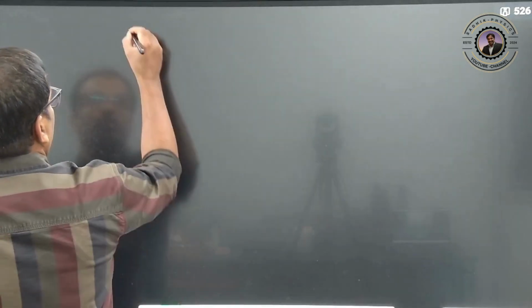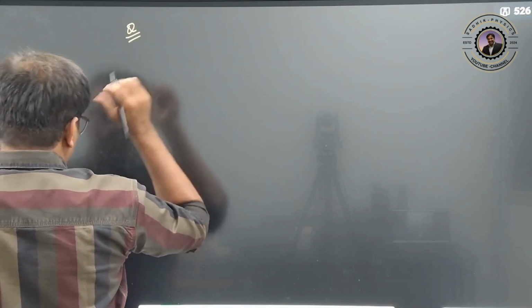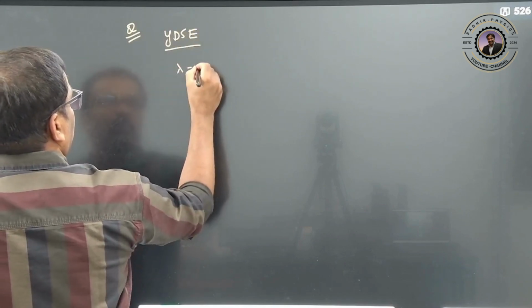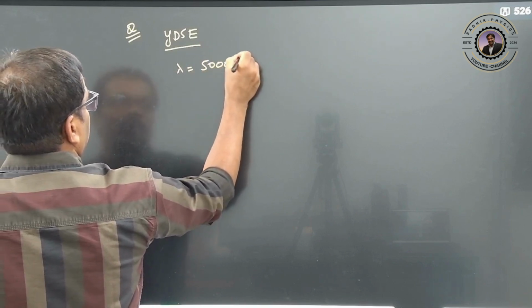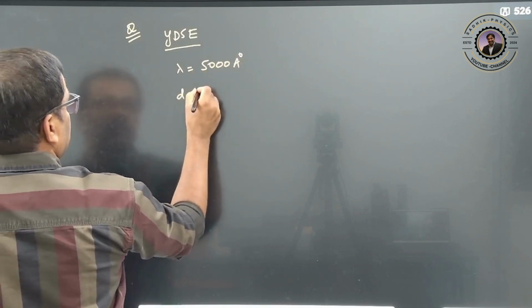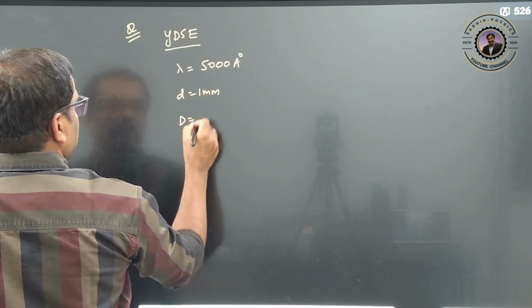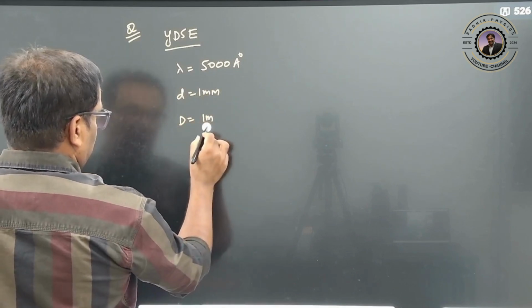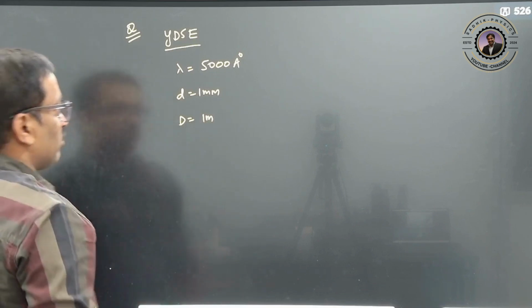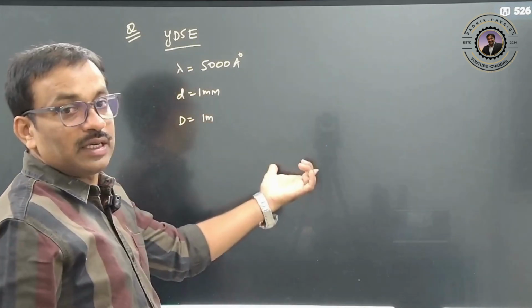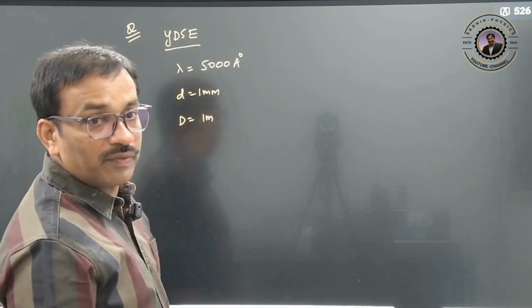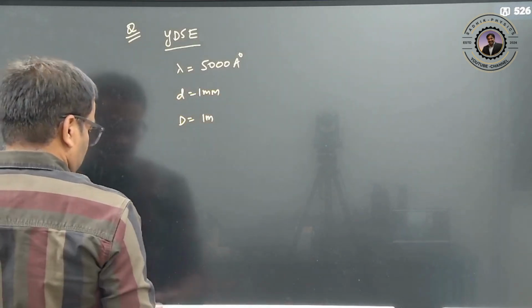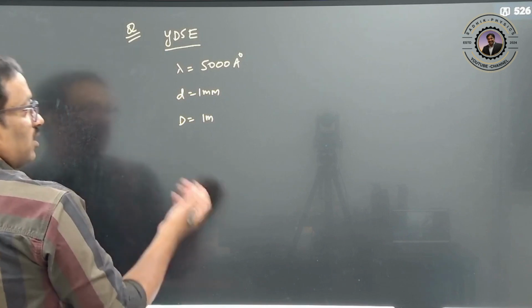In YDSE we are using a wavelength of 5000 angstrom, where small d, the distance between the two slits, is 1 millimeter, and capital D, the distance between the slits and the screen, is 1 meter. We can calculate many things, whatever you want.